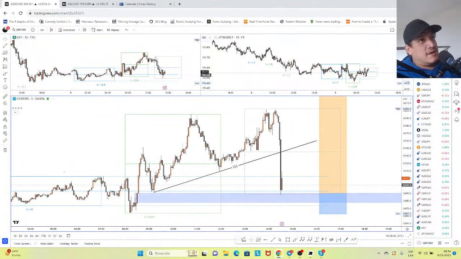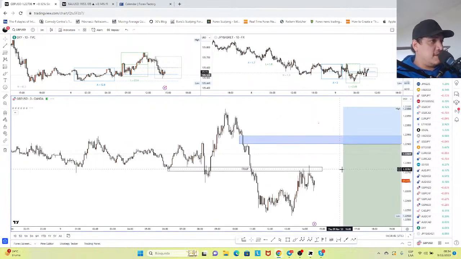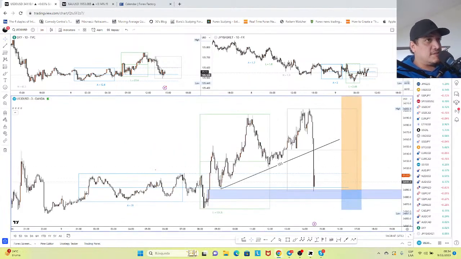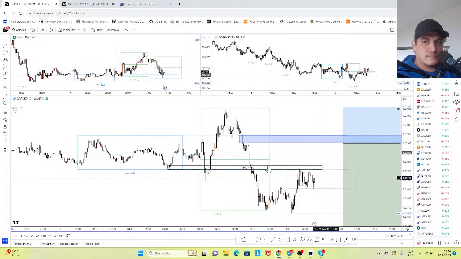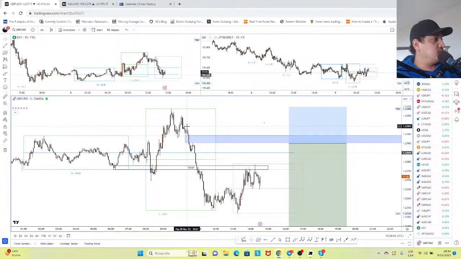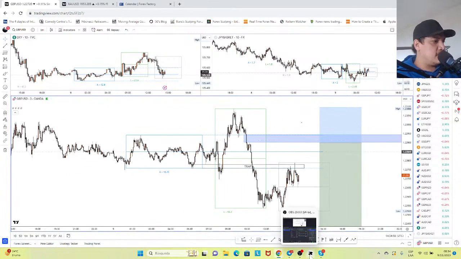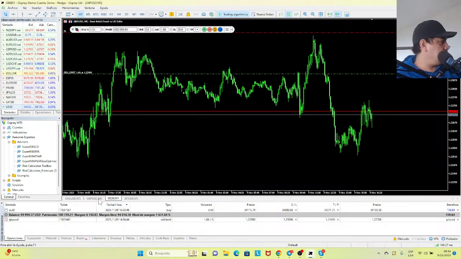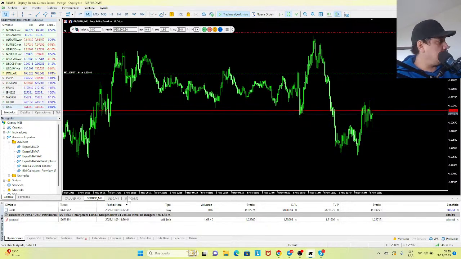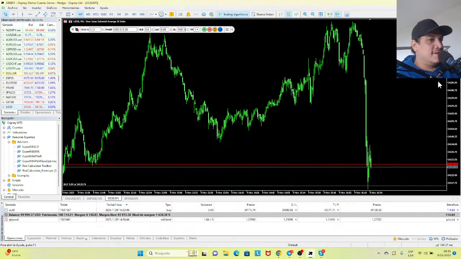So let's have a look at the pound USD. We need that move to the upside here. I don't know how much I'm risking. Same thing, 0.3%.